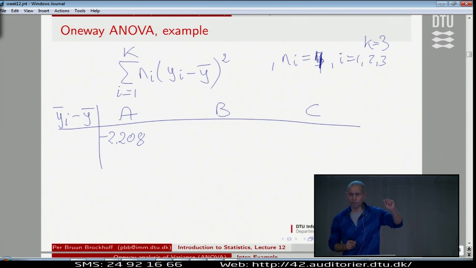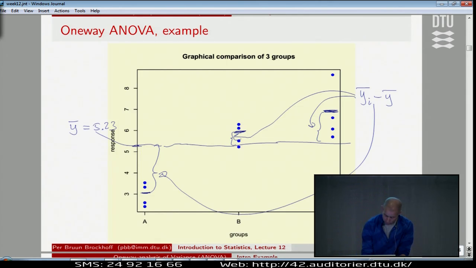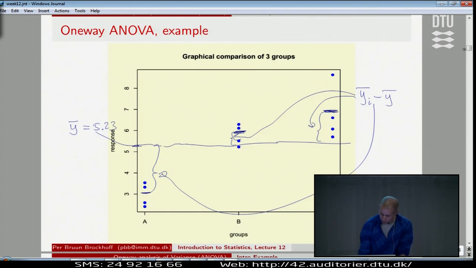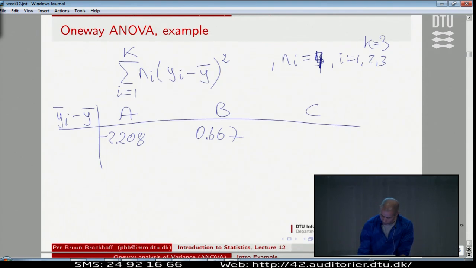So we take the A average and subtract the overall average. If we take the group B average here, subtract the overall average, 5.23, I get a small positive number, as you could see from the picture. And if I take the C average up here, subtract the overall average, I get 1.52, right? So these are the three measurements.